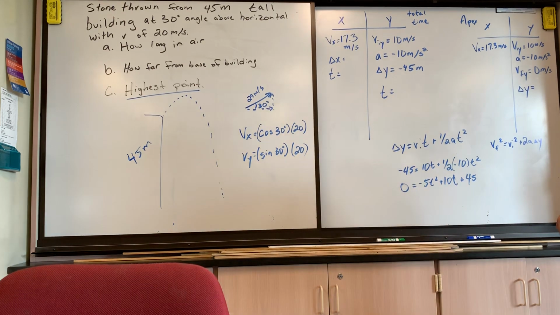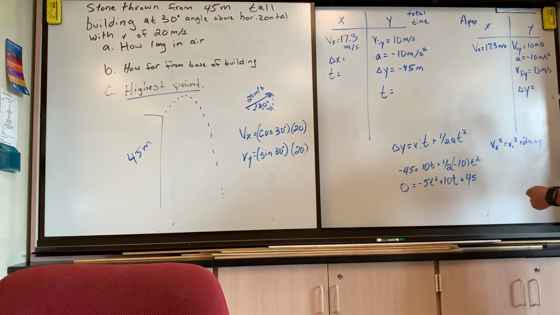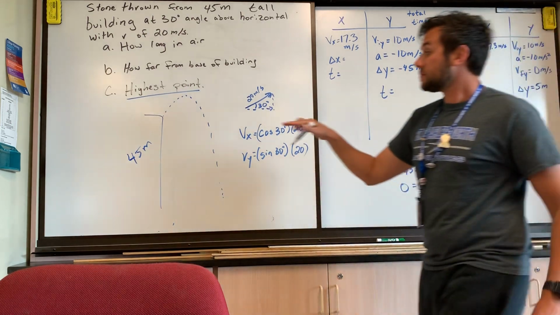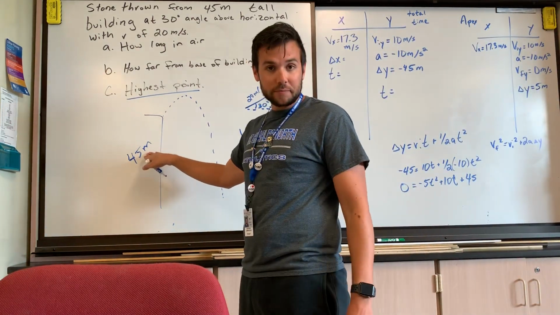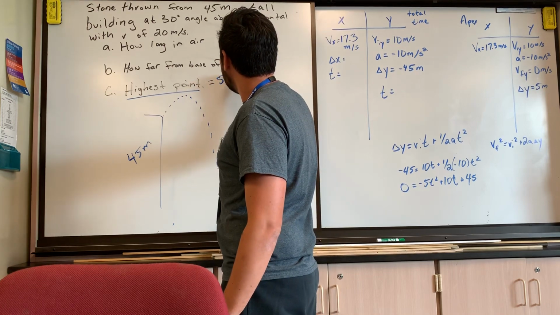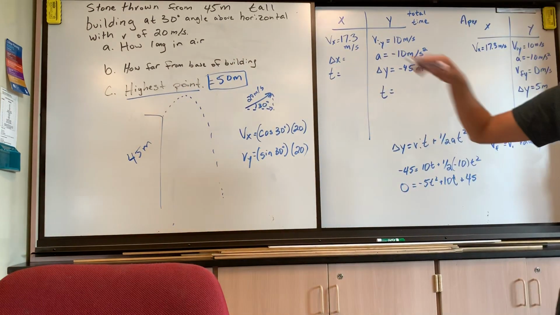Should get 5 meters. So it's going to go an additional 5 meters above that building. So my delta y is 5 meters, but that's from the top of the building. So my highest point is really going to be 50 meters. Boom. So I've solved one of the parts of the problem now. I've solved the highest point part.